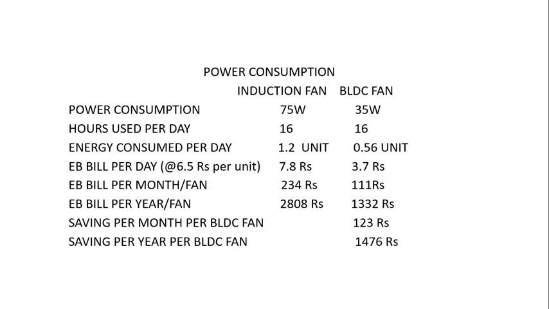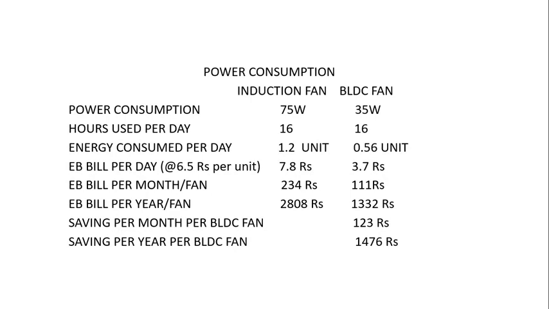If you calculate the same for a year, it is 2808 rupees for induction fan and 1332 rupees for BLDC fan. So savings per month per BLDC fan is 123 rupees. So savings per year per BLDC fan is roughly 1500 rupees.